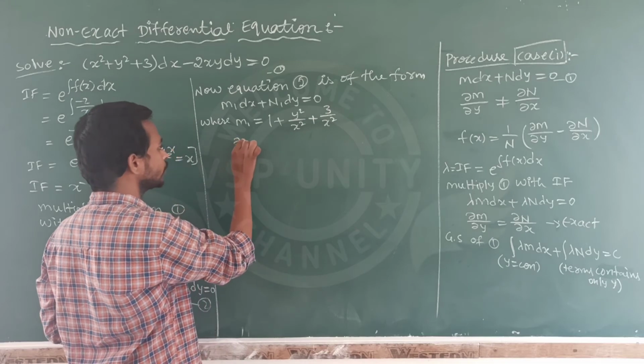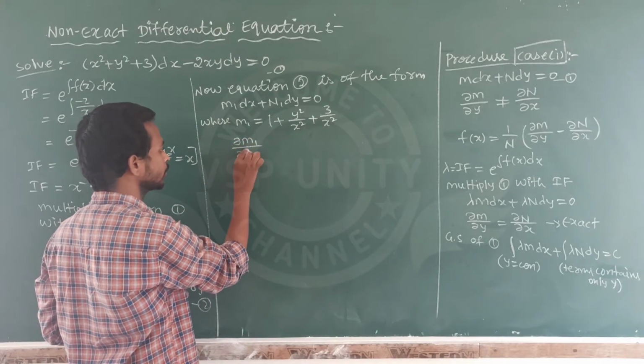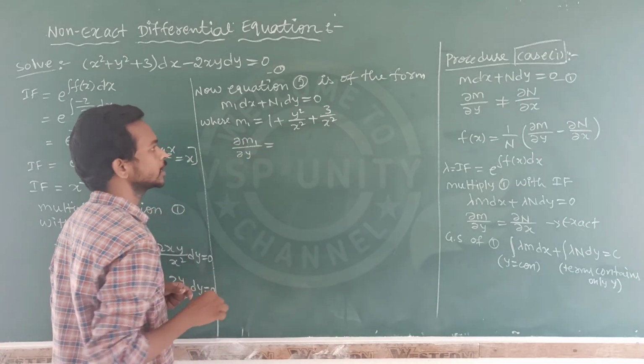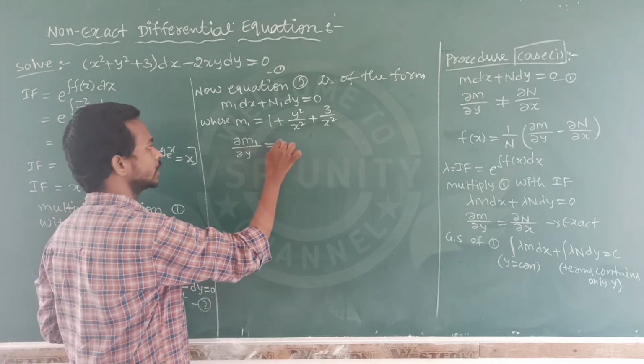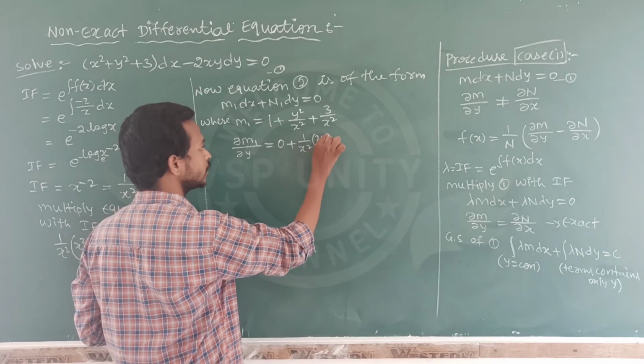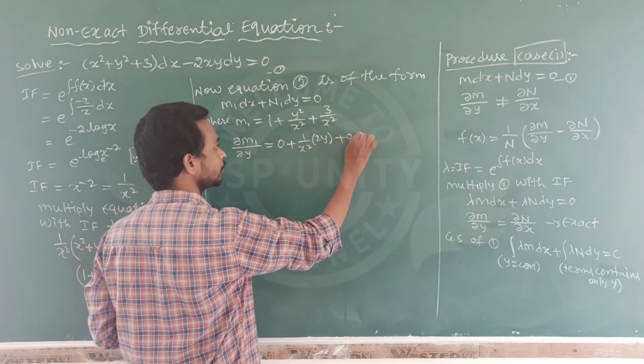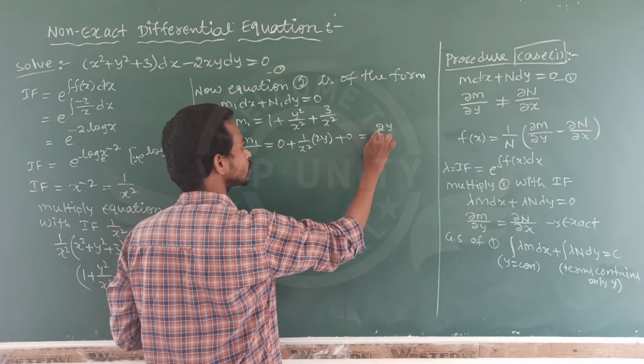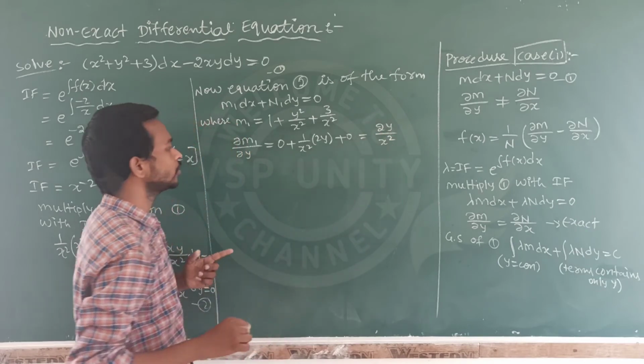So find dou M1 by dou y, with respect to y we have to do here. So here it is 0 plus 1 by x square, for y square to y it is 0. So 2y by x square is the dou M1 by dou y value.